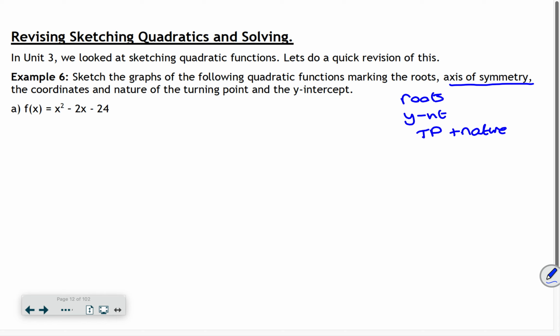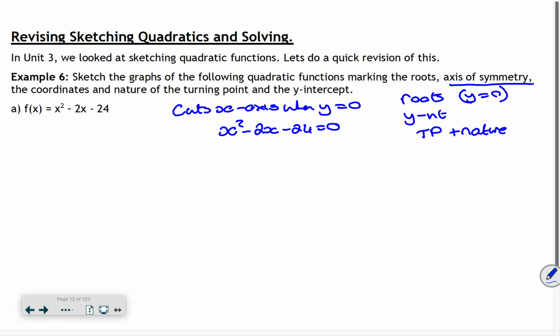We find the roots whenever y is equal to 0. So let's do that. I can say it cuts the x-axis when y is equal to 0. So that'll be x squared minus 2x minus 24 is equal to 0.